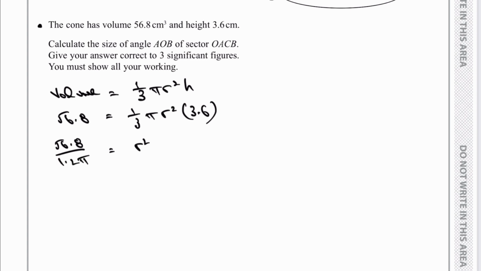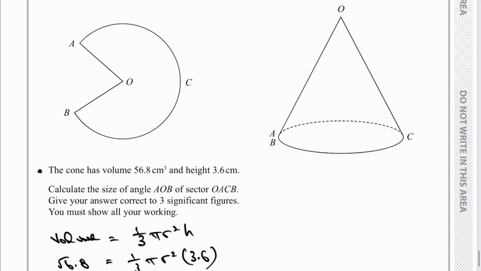Okay, again, pop that into a calculator and I'm going to get 3.88158 is equal to r. Now that is actually the radius of the cone. Okay, so let's go back to our drawing, and I've got then the vertical height, which I know to be 3.6, and I've just calculated the radius of the cone as 3.88158.